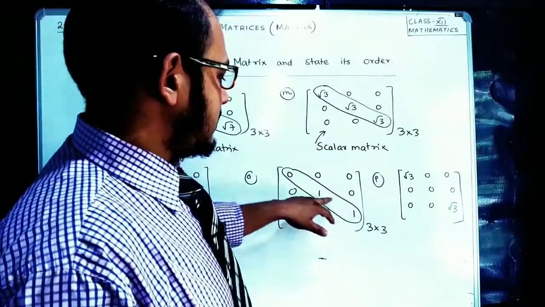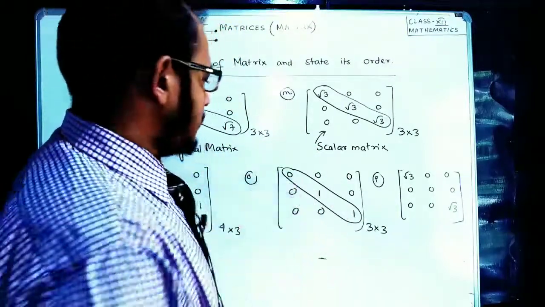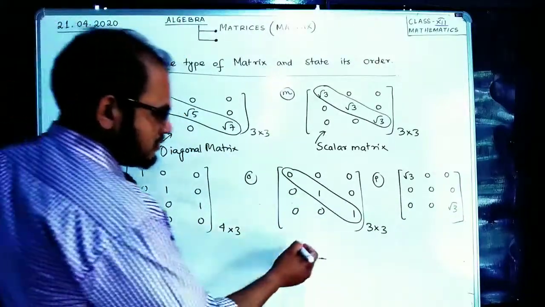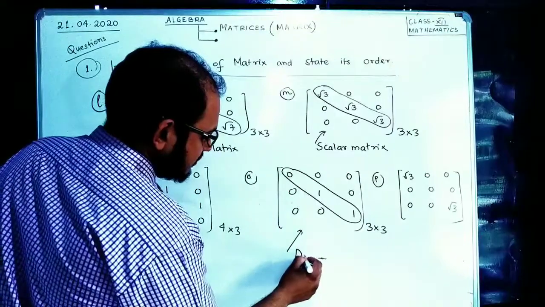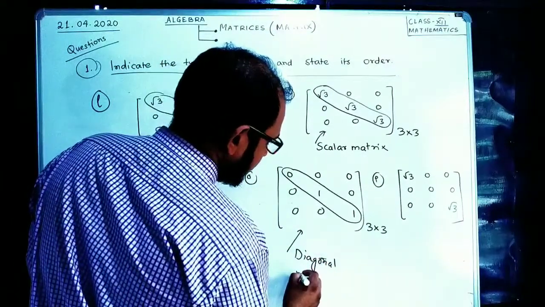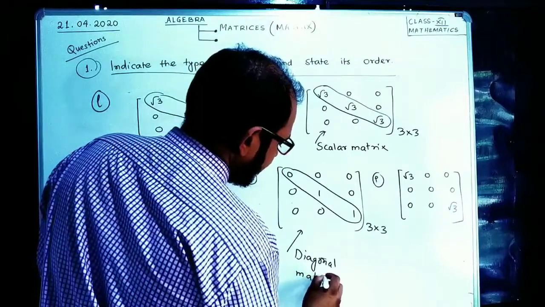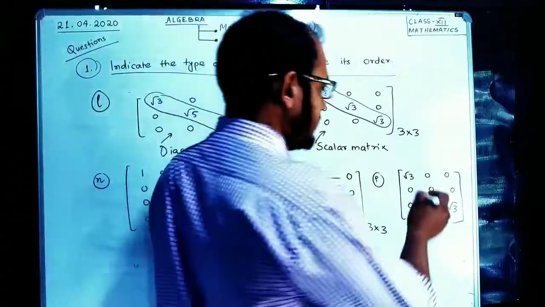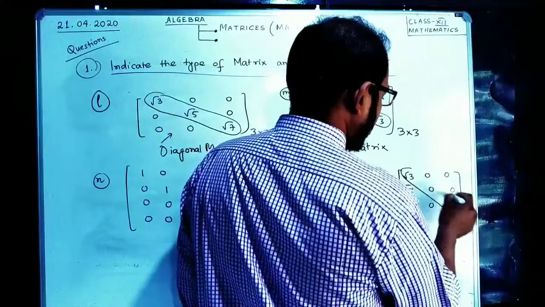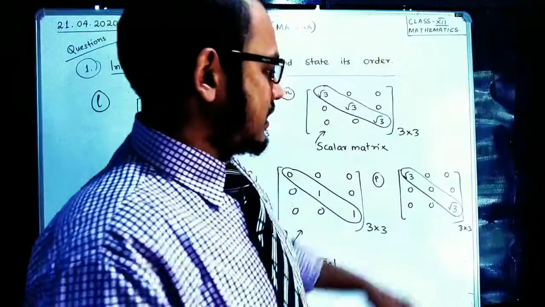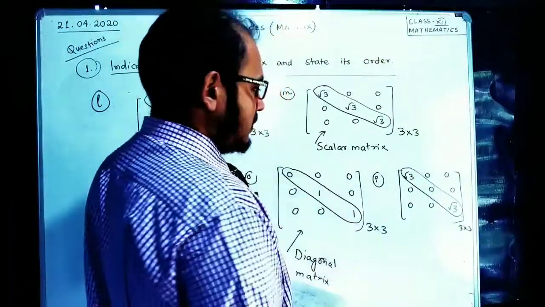However, the diagonal elements are not the same, so it is not a scalar matrix, not an identity matrix. It is just a simple diagonal matrix of order 3 by 3. What about this one? Again, a square matrix of 3 by 3, but the off diagonal elements are 0, so a diagonal matrix.